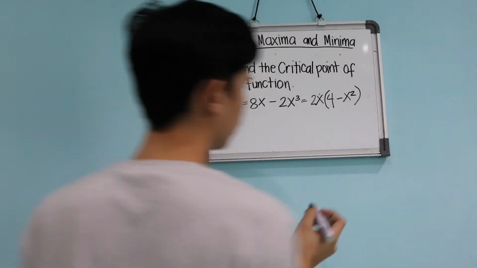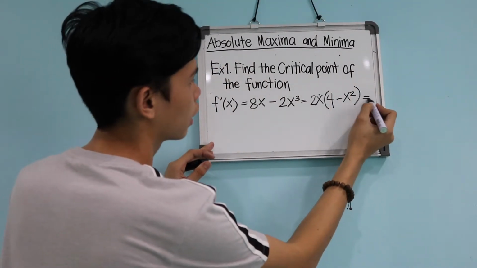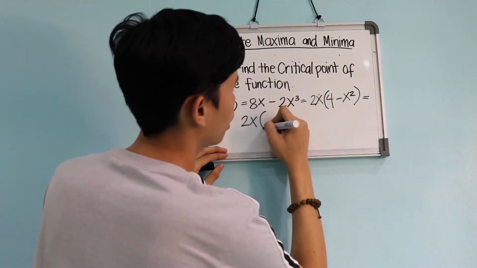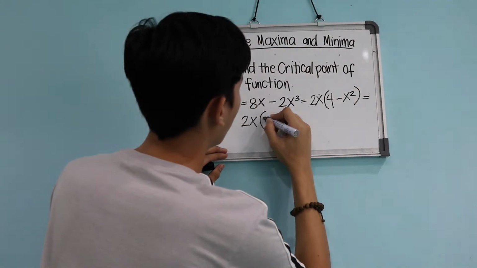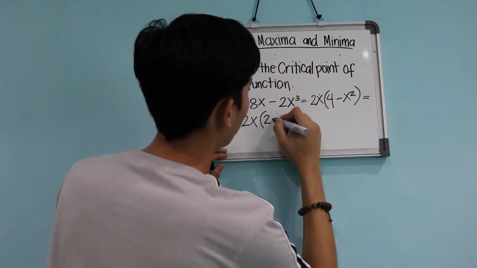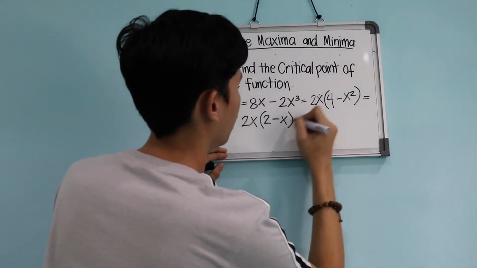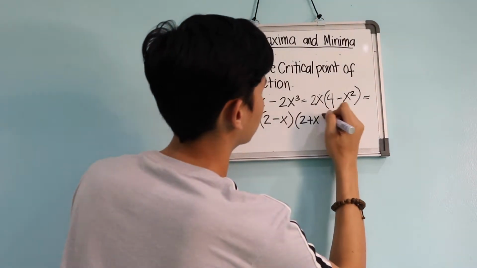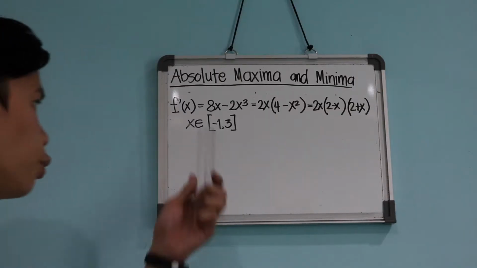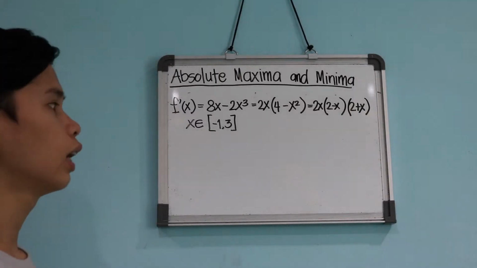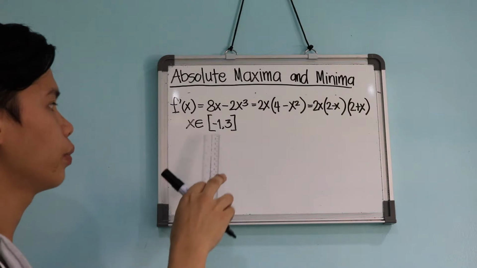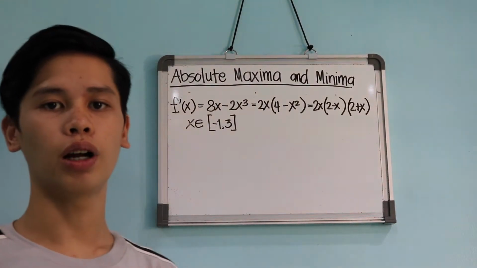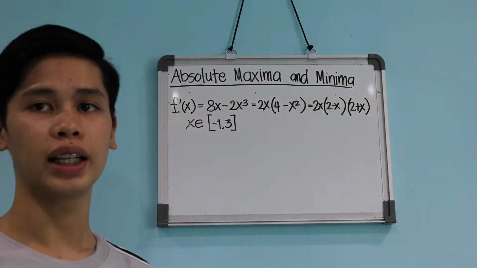We can still factor this out as 2x times 2 minus x times 2 plus x. So here, we were given a range from -1 to +3 at which our derivative will be equal to 0 or does not exist.